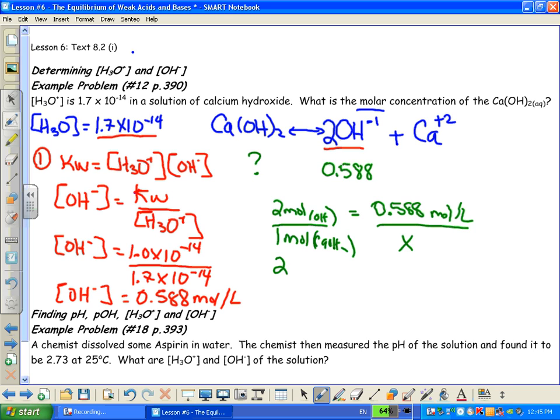So we can cross multiply, we end up with 2x is equal to 0.588 times 1. This is a bracket. We want to get x by itself, so we divide everything by 2. So literally it's just 0.588 divided by 2, which gives you 0.29 moles per liter.